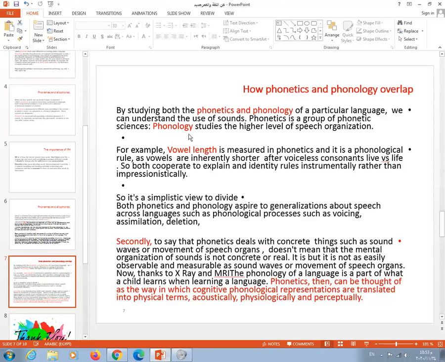Sometimes people say that phonology comes first, because we organize sounds in our minds and brains, and then our brains give orders to our organs of speech to represent what's stored. Sometimes people say no, phonetics comes first. So it's still a controversy in this regard.